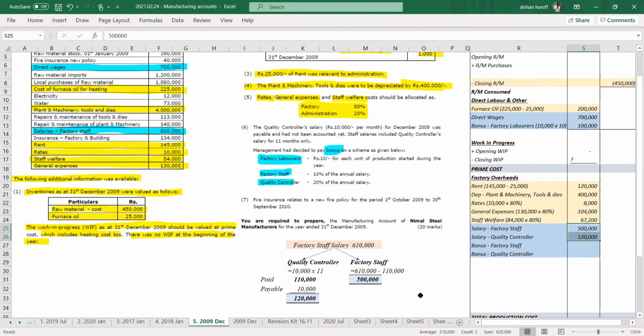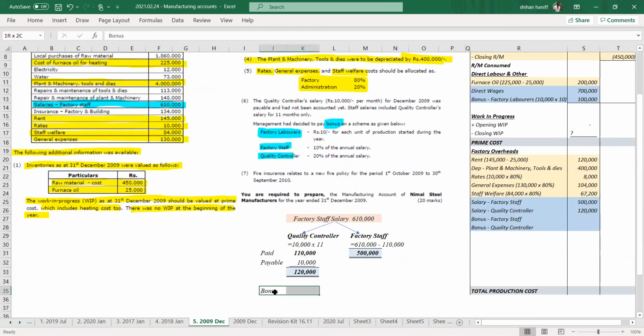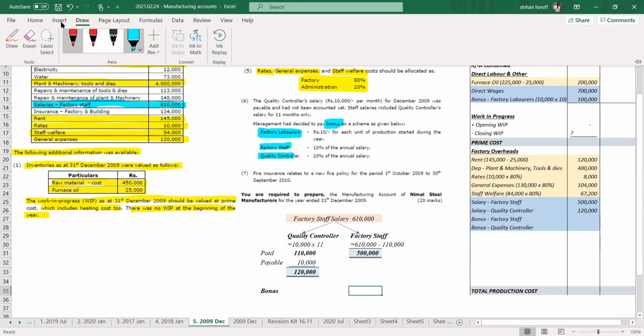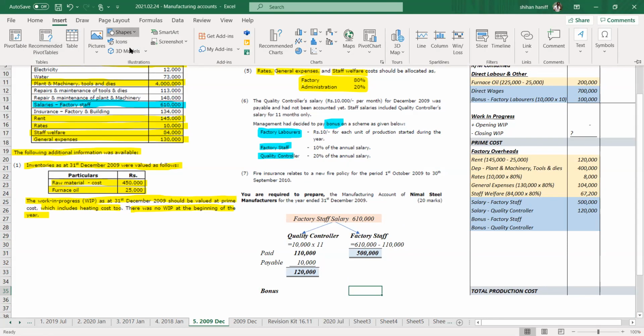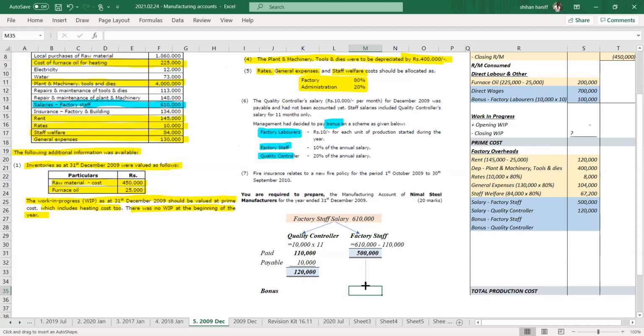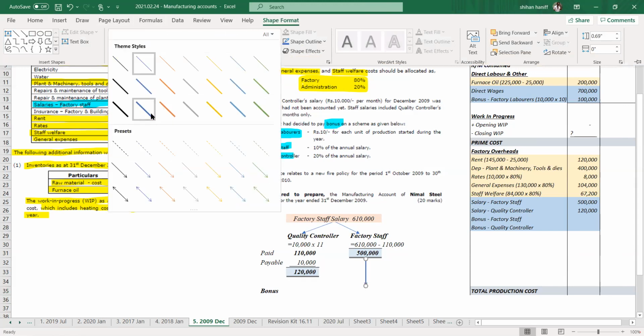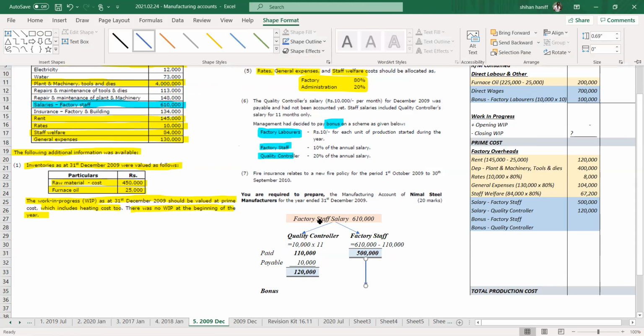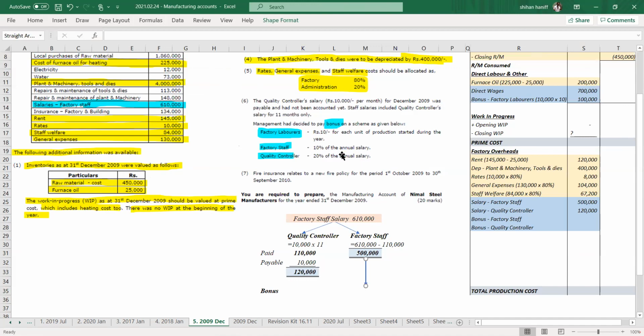Bonus, factory staff will get 10% of the annual salary as the bonus.